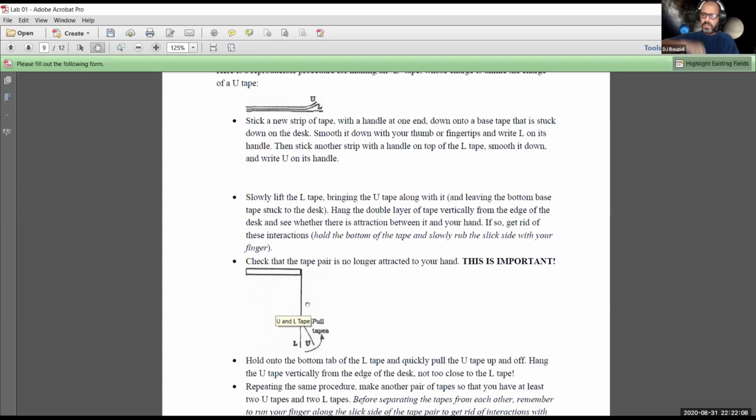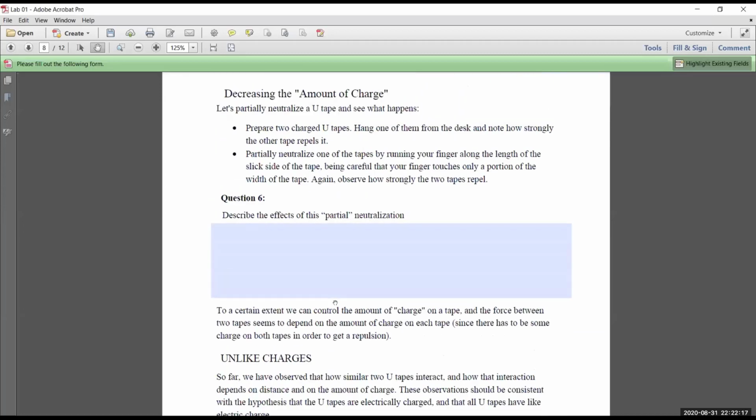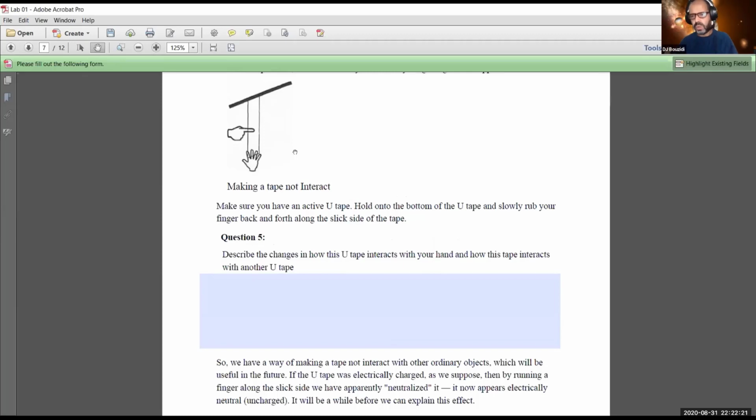Now, the first thing you do is use the previous technique to make sure that both of them are neutral, that they don't have any charge whatsoever in them. The one on the bottom should be labeled with one letter, the one on the top with another letter, to keep track of them. Because you're going to make similar ones also, it's critical to label them in this order.